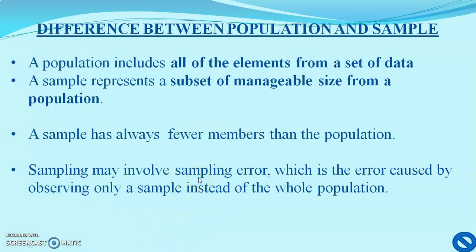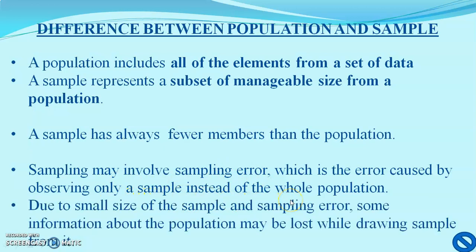So such errors may cause the misleading of the experiment, and they are called sampling errors. So sampling may involve sampling error, which is the error caused by observing only a sample instead of the whole population. So since the sample is very small in size and sampling errors are likely to occur, some information about the population may be misled because of the errors in drawing samples from it.